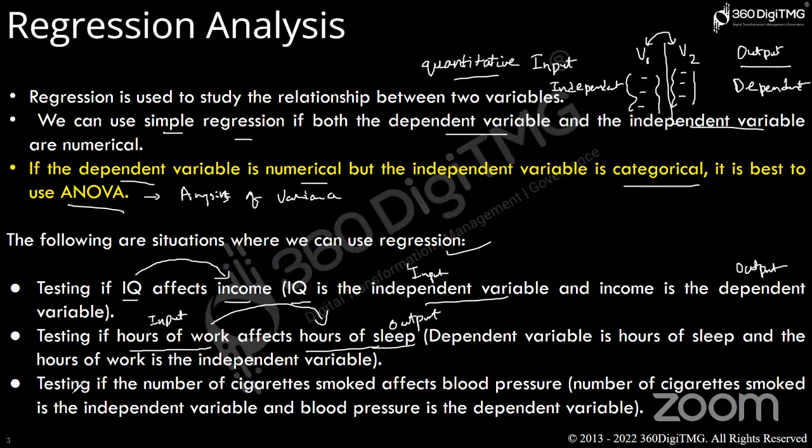Similarly, we test if the number of cigarettes smoked affects blood pressure or not. Here blood pressure will be the output or dependent variable, and cigarettes smoked will be the input or independent variable.